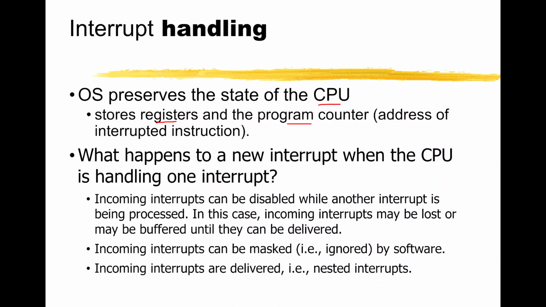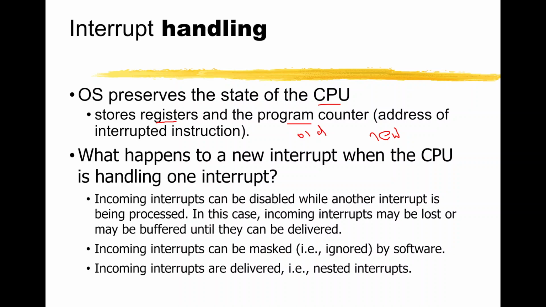So the operating system first stores the registers, program counter, and address of the interrupted instruction. When the CPU needs to work on a new program, the operating system says store the old program and then load the new one. So you have order, and it doesn't just crash.